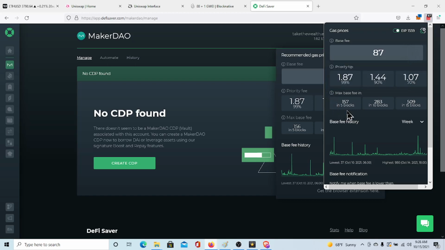So this means that the max you can possibly pay within 5 blocks, which is about 75 seconds, because each Ethereum block gets transacted on an average of about 15 seconds.